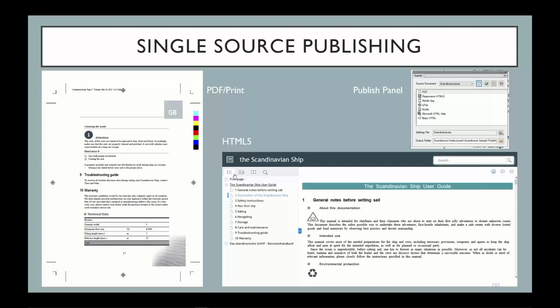This is how the PDF output looks. You see, I have put markers on it for cutting of the paper and printing, etc. And below in the corner here, there's an HTML5 version of the Scandinavian ship template. And as we can see, it doesn't look altogether neat, but it's sort of working. One of the problems is working in the PDF version of the template, so to speak.